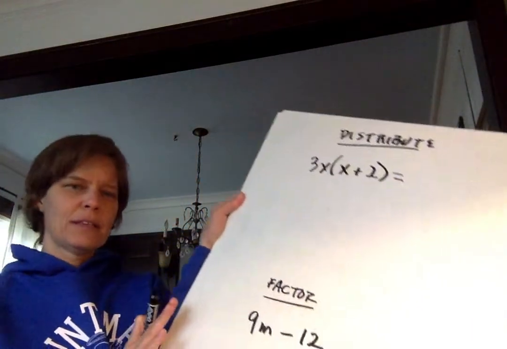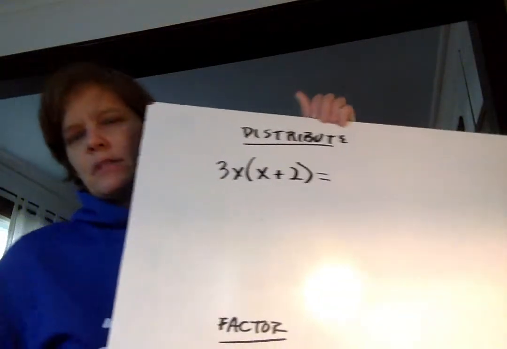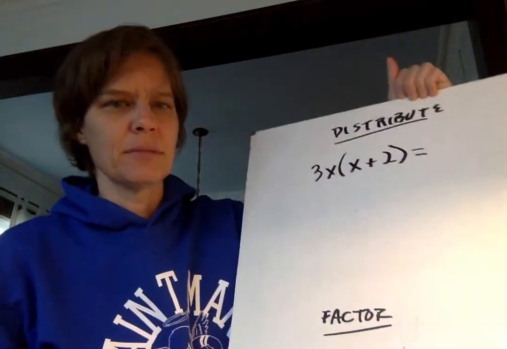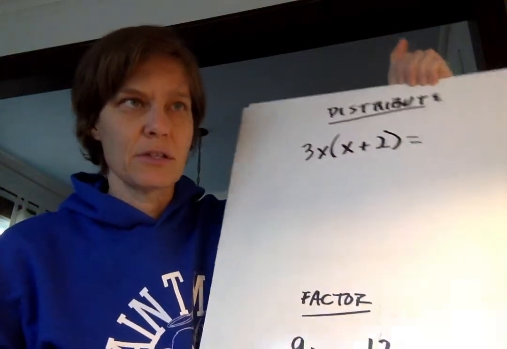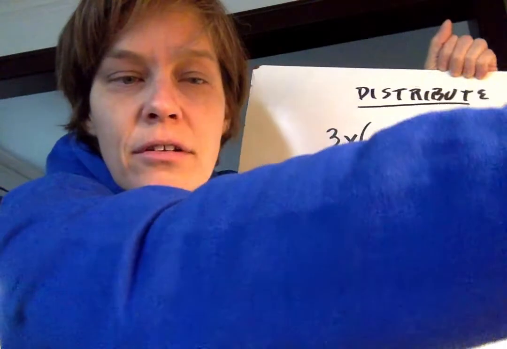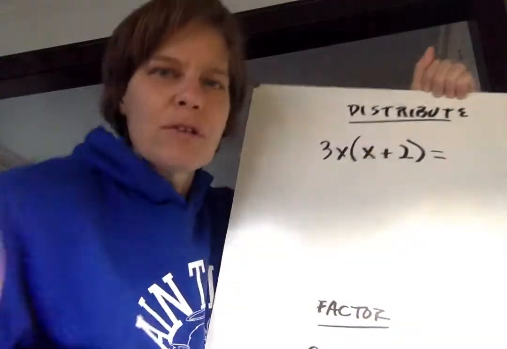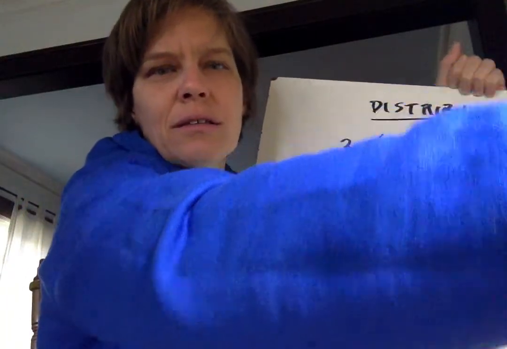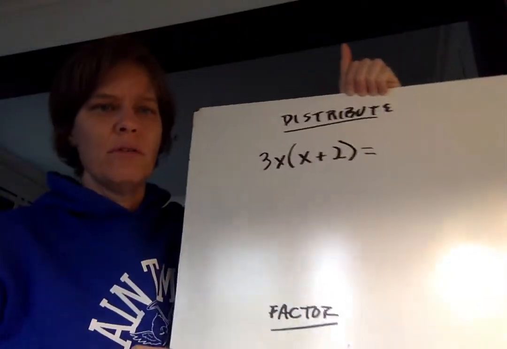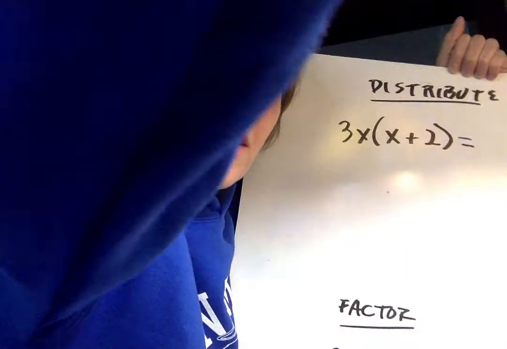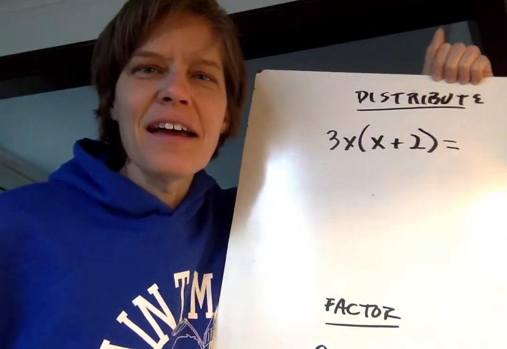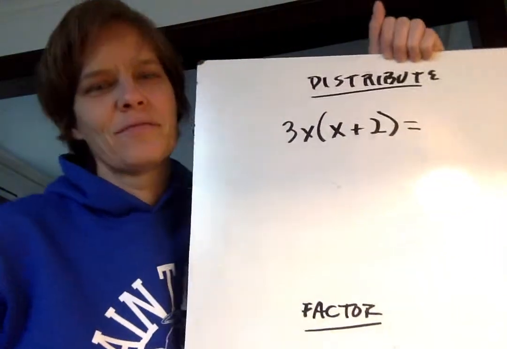So I've got this example, and we have factor at the bottom, and I know there's glare, and there's going to be glare here. I'm going to diminish the glare, or I'm going to make it worse. I don't know. Did that make it worse or better? It's kind of worse. I like this one better anyway. All right, well, it's double glare. Sound and light. That's what we used to yell when I was in high school.